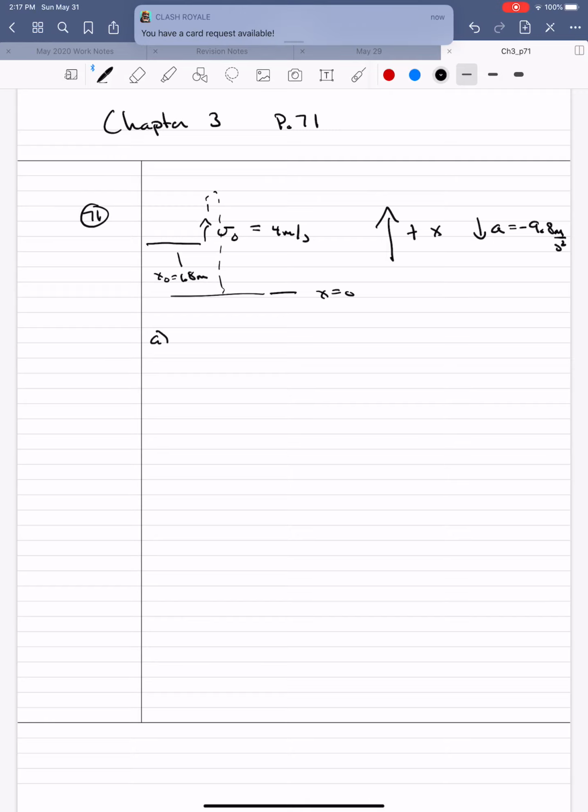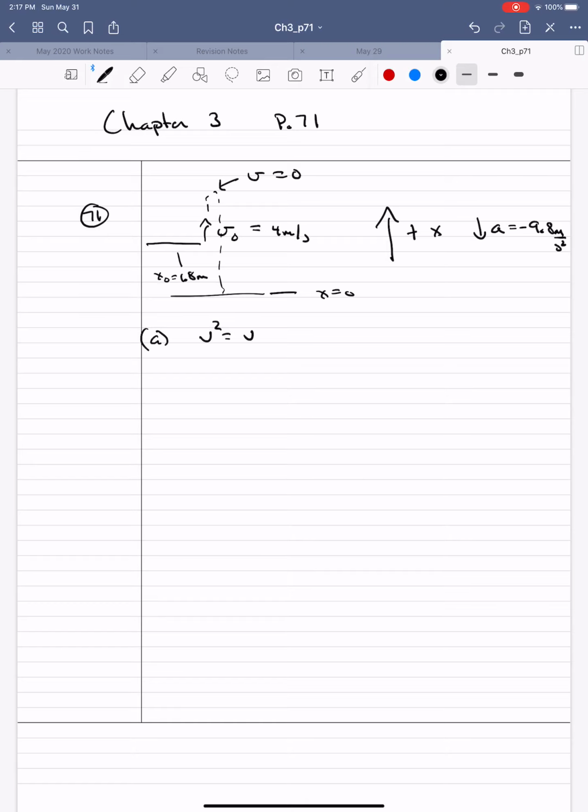So in part A, up here, the speed is going to be 0 at the top. And so we can use the equation v squared is v0 squared plus 2a delta x, in order to find how high she is when she gets to the top. At the top, her speed is 0.